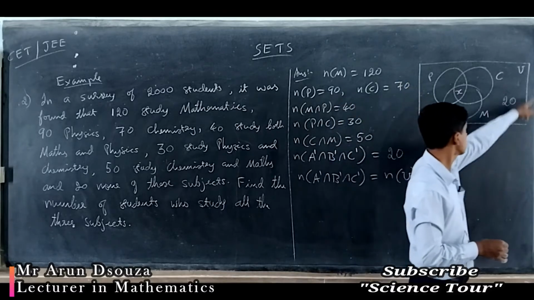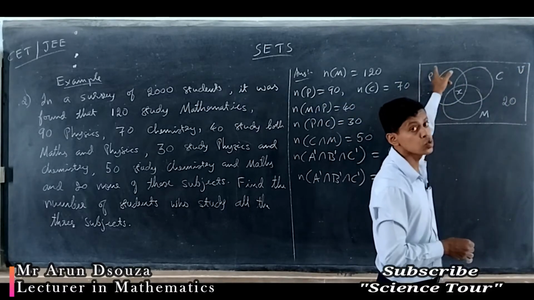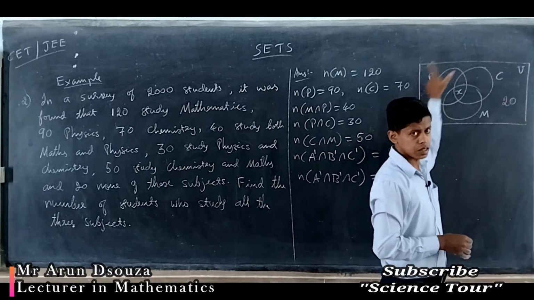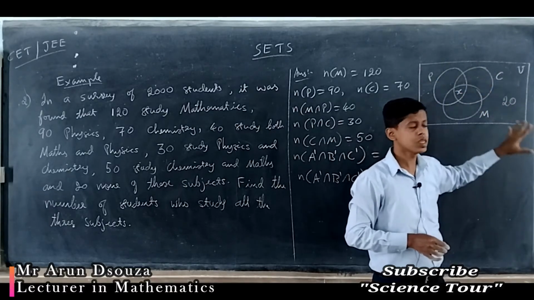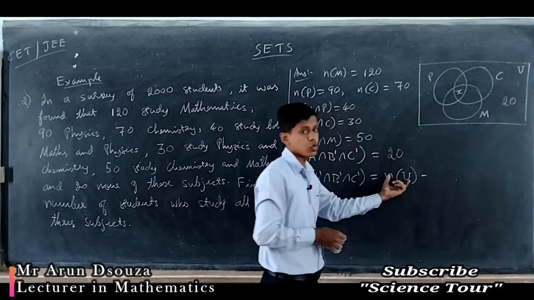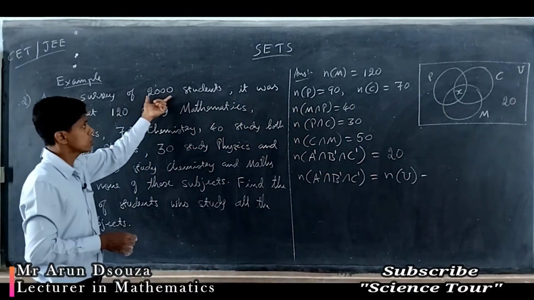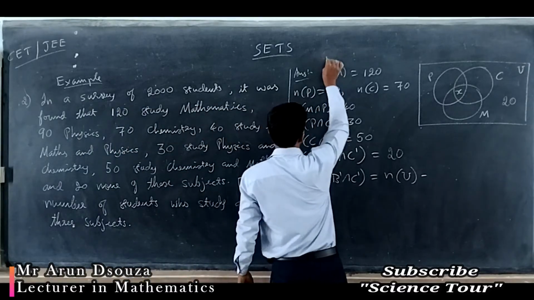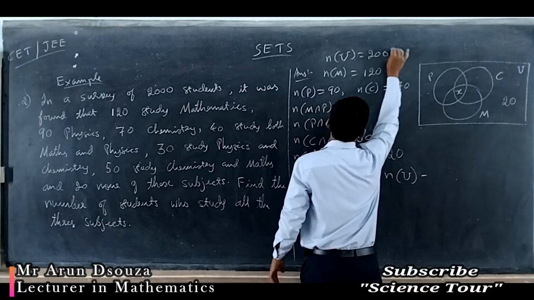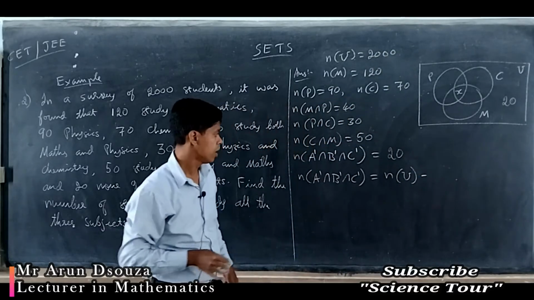Universal includes even the circles, 2000 are there. Only outside is 20, but in the total universal 2000 students are there including these circles, correct? So that is n of U. So n of U is 2000 students. We forgot to write that, I'm sorry.